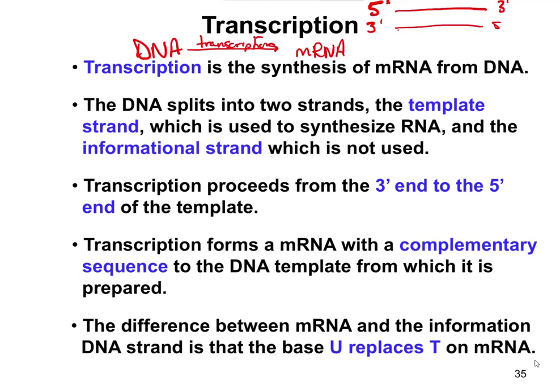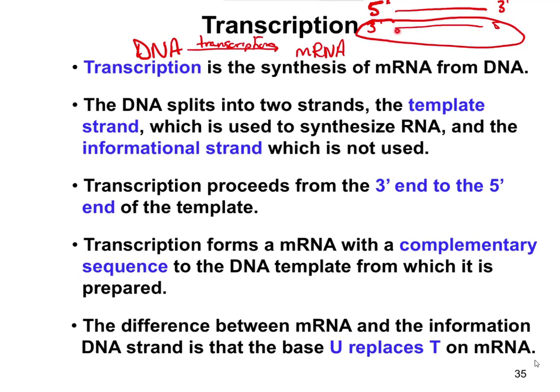Whenever those two separate, this one down here is going to be the one that is used for transcription, right? So it's the one that goes in that 3' to 5' direction. And then what happens is there's an enzyme that's going to come in, and it's called RNA polymerase. So RNA polymerase is going to bind to this template strand.